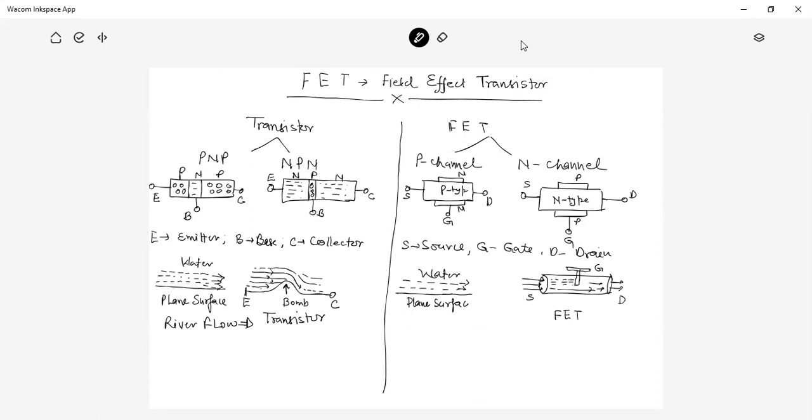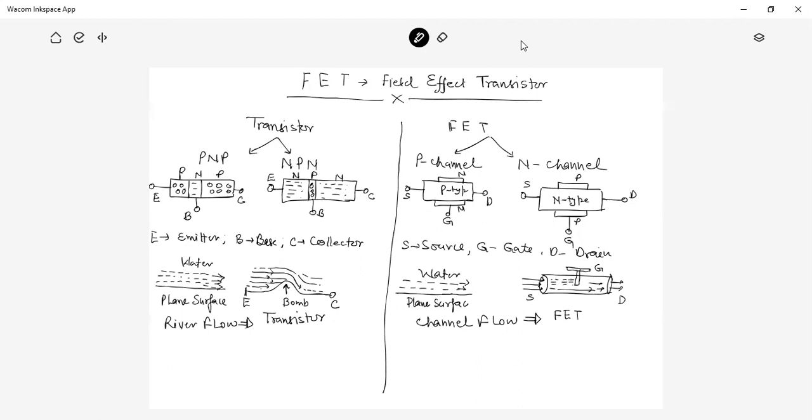Here in case of FET, there is a canal, a channel flow, and this channel flow is known as FET. So these are the basic differences in the mechanism.